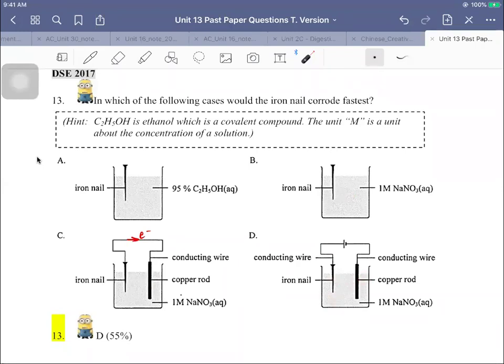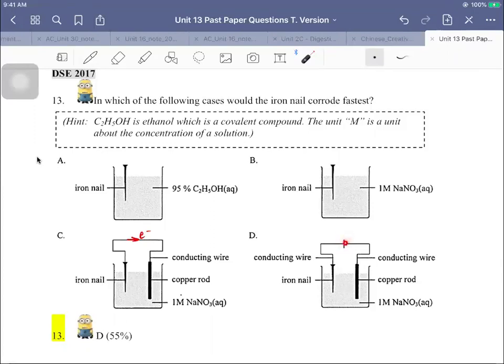If we compare C and D, the only difference is that for D, we further add this battery. You're going to learn this in detail in grade 11, but here you can still have some idea for that. If we connect a battery to it, we actually provide a power or a driving force that sends the electrons.